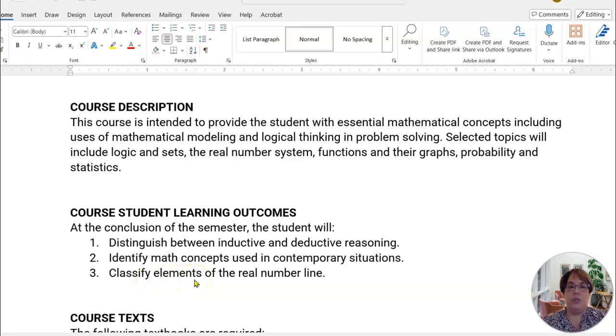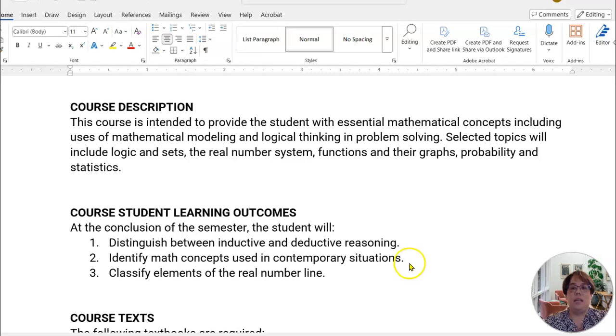Now, in particular, those first two learning outcomes are the two that I think are the most important for you, that you will use in any situation in ministry, or really in real life. Inductive and deductive reasoning is thinking skills.